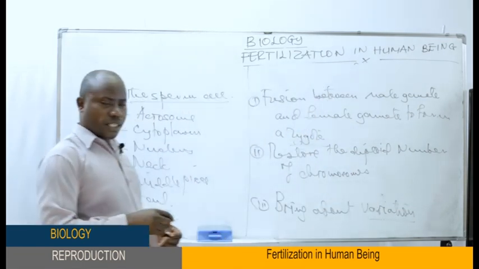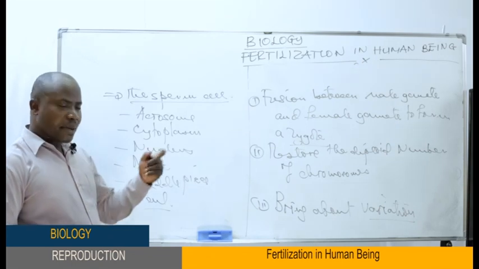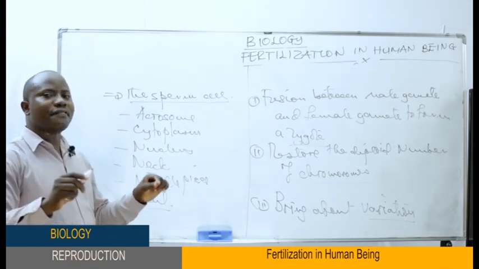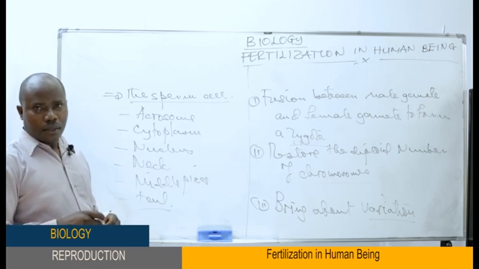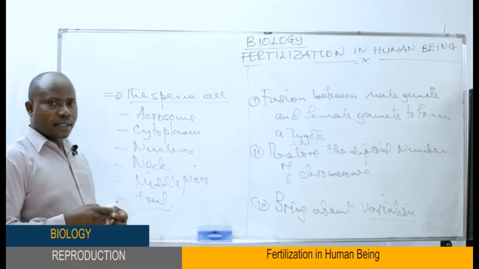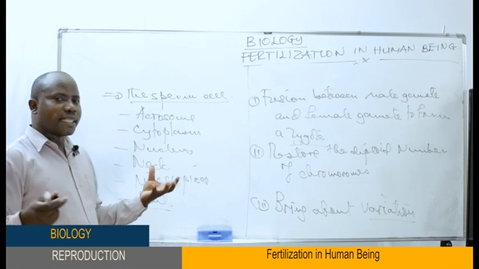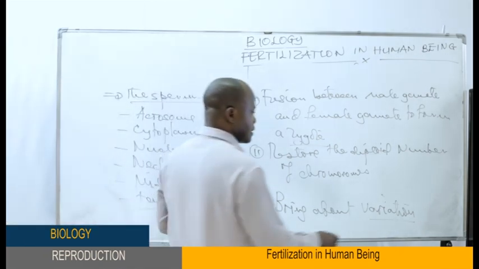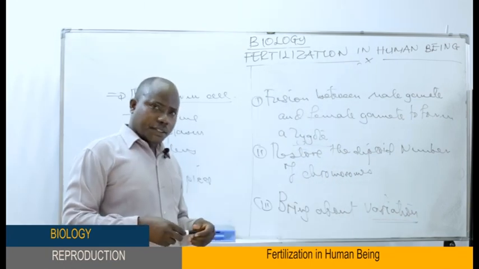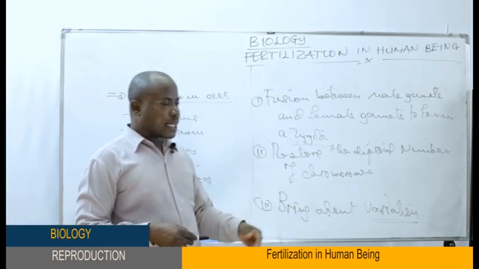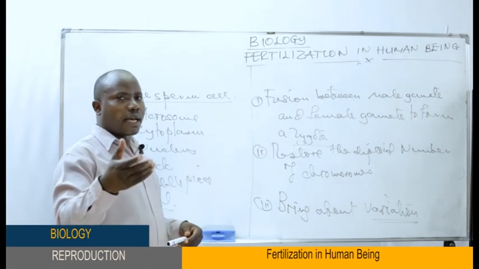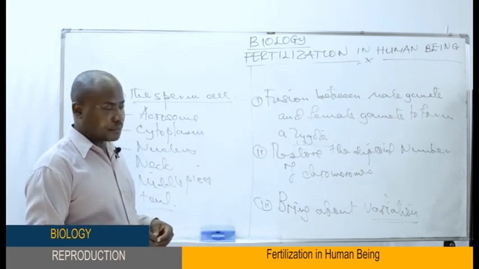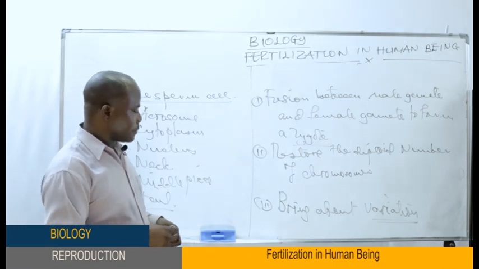It brings about variation. Also, the male gamete and the female gamete, both two cells has different genetic makeup. By fusing together, it means two different genetic makeup are brought together. That will bring about variation. Dear students, these are just a few. You can add other importance of fertilization from your experience.